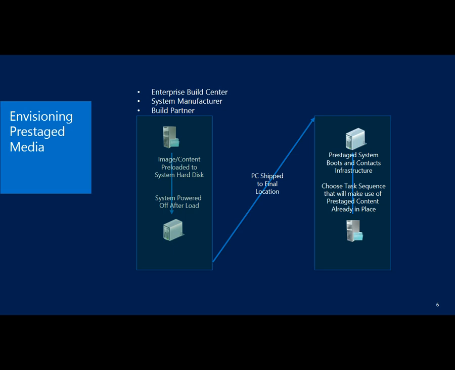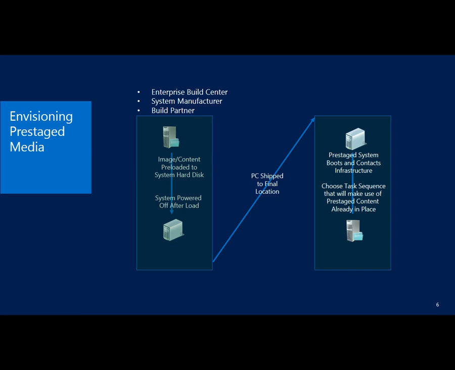So whenever you turn it on, we will boot from the boot WIM that is on the hard drive. Windows PE, very much like boot media, will boot up. Right? After that, you will choose whatever task sequence you want to make use of to continue the build process and leverage the pre-staged content.